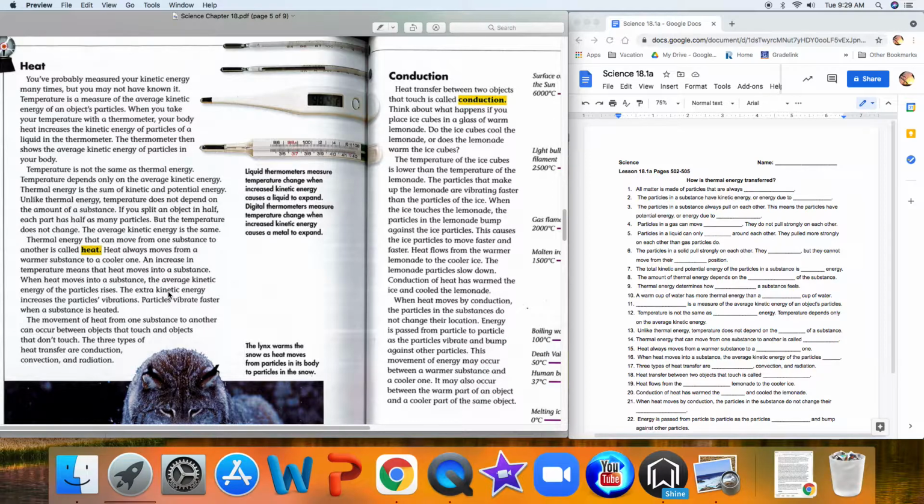Okay, so we're back to our bathtub and our glass analogy. I have a glass of water at 50, I have a bathtub at 50. Which one has more thermal energy? The bathtub. Because it's a bathtub. Which one has a higher temperature? Cup at 50 or bathtub at 50?